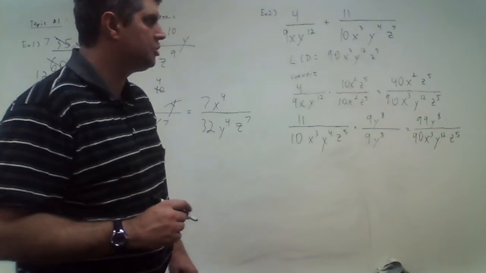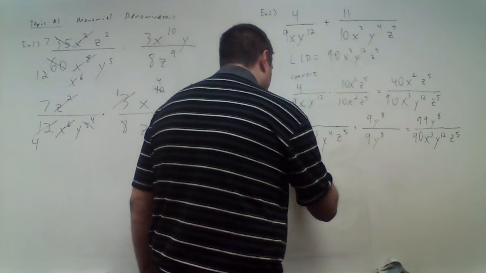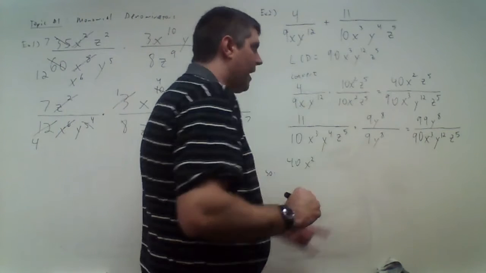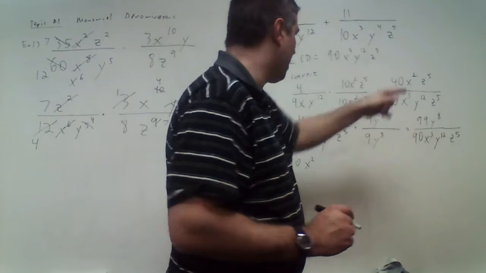Okay. So we're going to be adding these. Okay, so 40 x squared. Anytime you add fractions, you simply add the numerators over the common denominator.